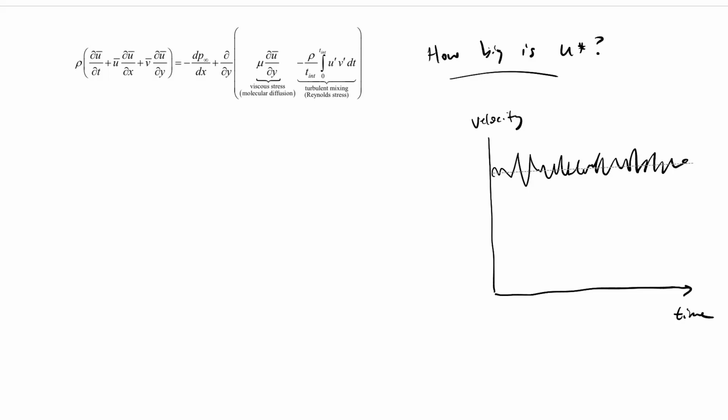We'll denote the average as U bar, and the size of the fluctuation, as we define it, is going to be half of the total oscillation, from the average point up to the peak velocity change. So this distance here is going to be U star.